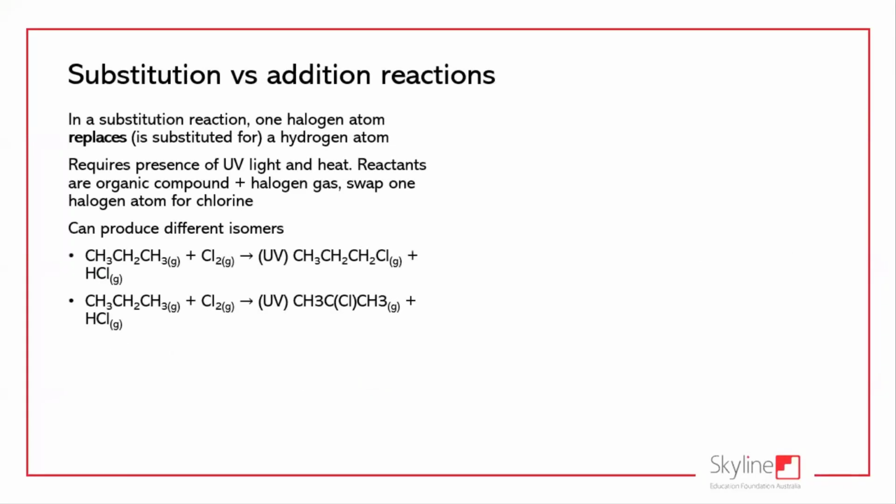All right, just some basic pathway reactions. We have substitution and addition. So substitution is where we have a hydrocarbon and one halogen atom, so from the halogen line of the periodic table, replaces or is substituted for a hydrogen atom. To do this, we require UV light and heat. Reactants are an organic compound and halogen gas, and we swap out one hydrogen atom for a halogen, I apologize, for chlorine.